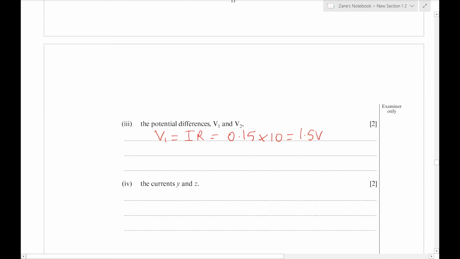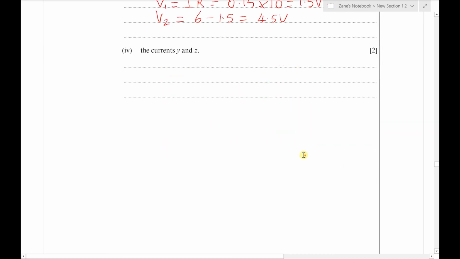We could calculate V2 in exactly the same way by multiplying the current by the resistance, knowing that the resistance of the combination was 30 ohms, and hence 0.15 times 30 gives 4.5 volts. Or alternatively, remember that the two PDs have to add up to the 6 volts of the supply. So a quicker way possibly is to say that V2 is the total 6 minus the 1.5 for V1, giving us 4.5 volts. Doesn't matter what method we use.